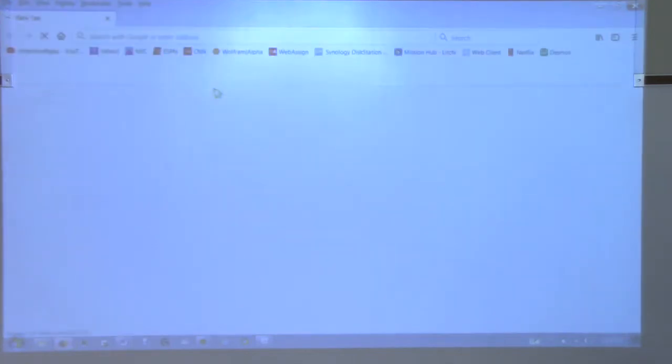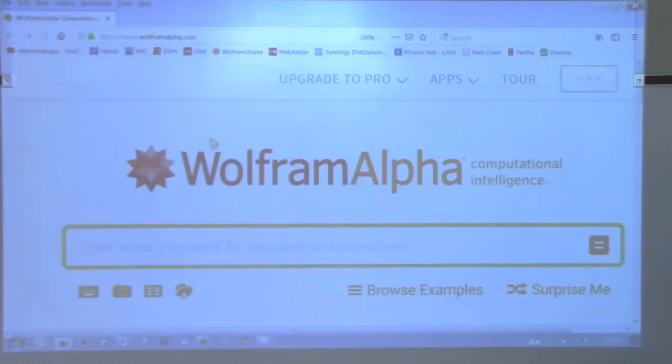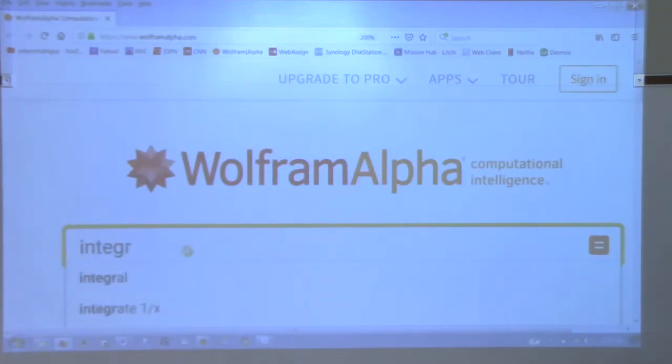I just want to go real quick to Wolfram Alpha. Will it do a double integral? Integrate, what was the inner integral?